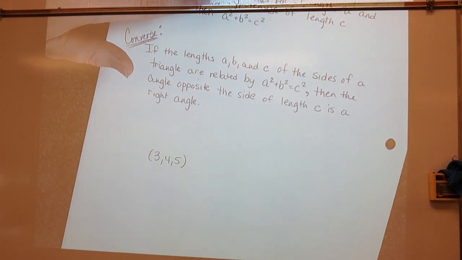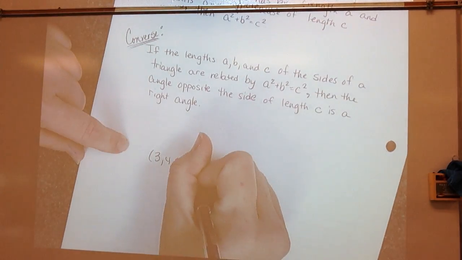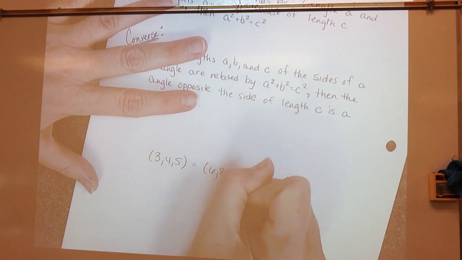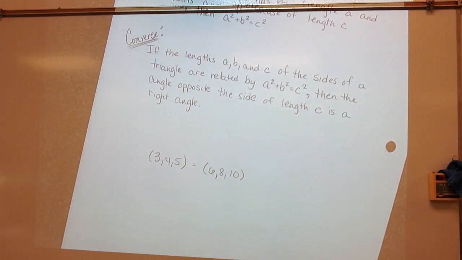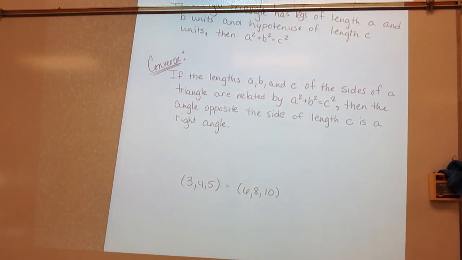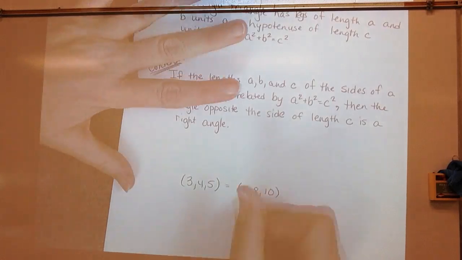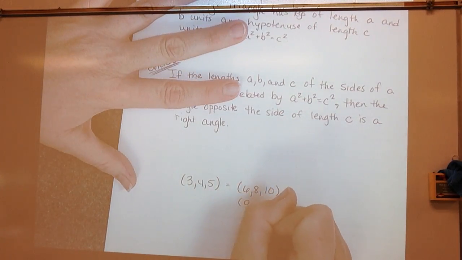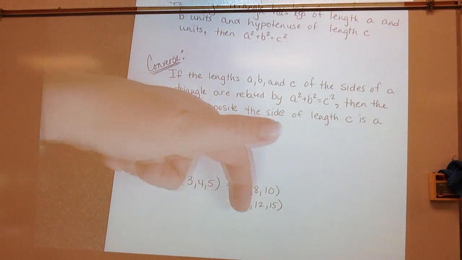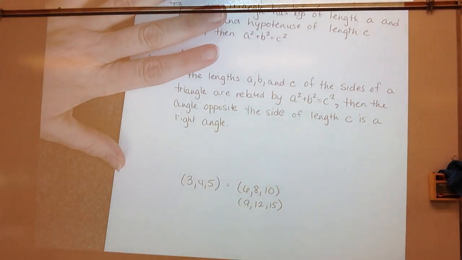That means that 6, 8, and 10 is also a Pythagorean triple. Why? Well, all I did here was multiply those by 2. That means that 9, 12, 15 is a Pythagorean triple, because all I did here was multiply those by 3.